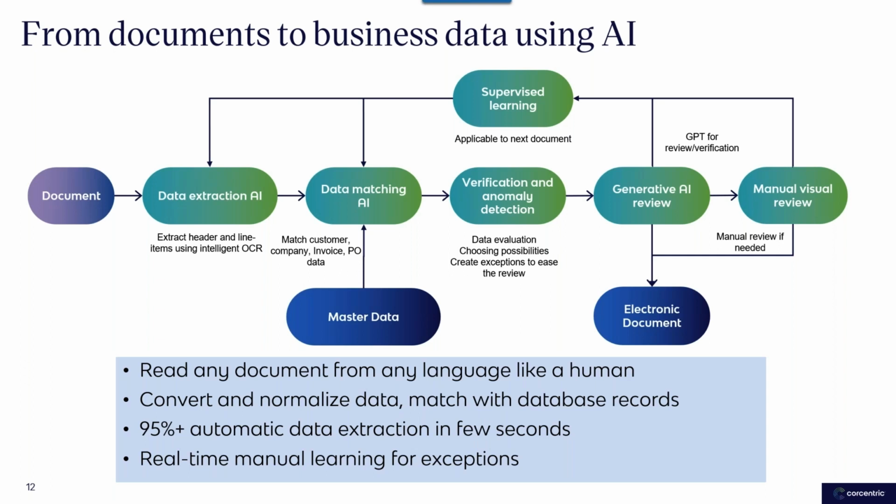And at the end, we convert a scanned document into an electronic document. Having an electronic document is very useful in terms of streamlining the process, getting a lot of information, and being able to go fast in satisfying your customer, but also getting the payment back from your invoice, for example.